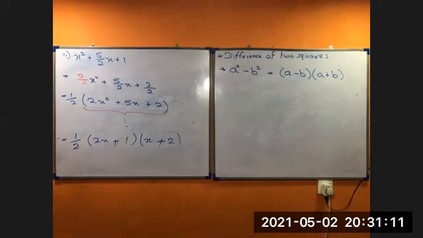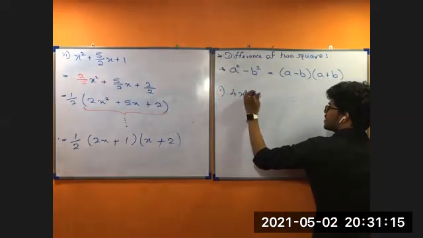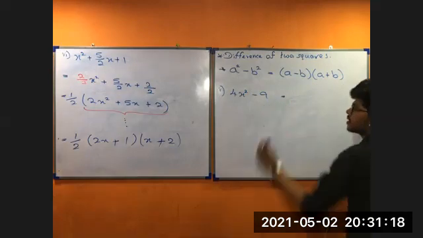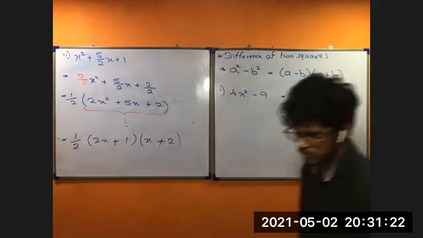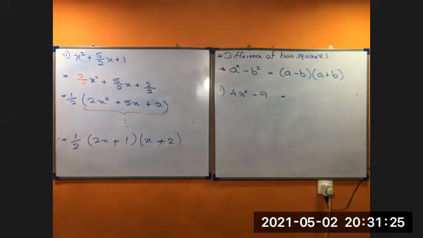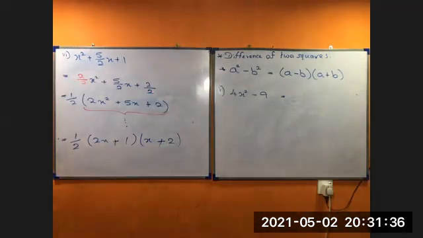Okay, so can you tell me the factors of 4x squared minus 9? Yes, 2x minus 3, 2x plus 3.